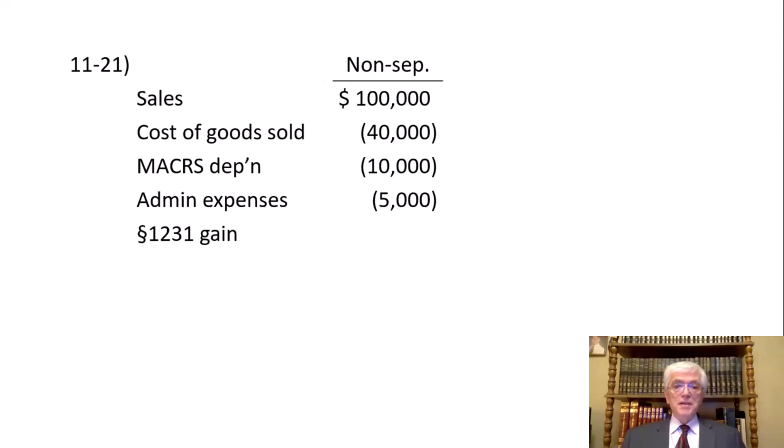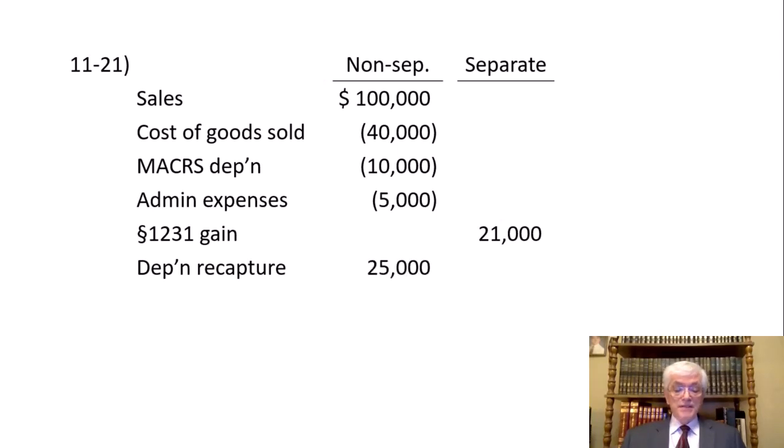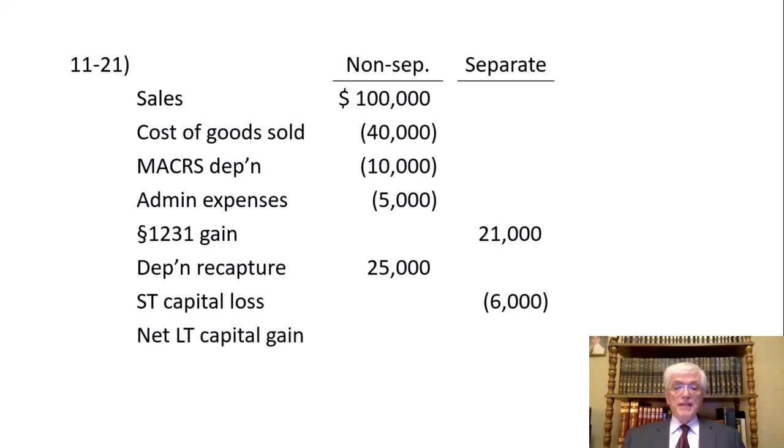1231 gain, well, that's going to be a separately stated item, and that is $21,000. Depreciation recapture income, again, that's non-separately stated, it's just ordinary 1245 income, $25,000. Short-term capital loss from a stock sale, separately stated, no doubt, and that is $6,000. Long-term capital loss from a stock sale is $4,000, and there's also a long-term capital gain from a stock sale of $15,000.